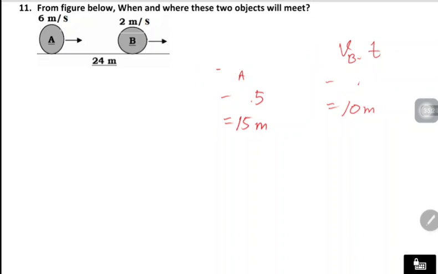Object B also moves to the right side. Object A has velocity 6 meters per second. Object B has velocity 2 meters per second. The two objects are separated by a distance of 24 meters.